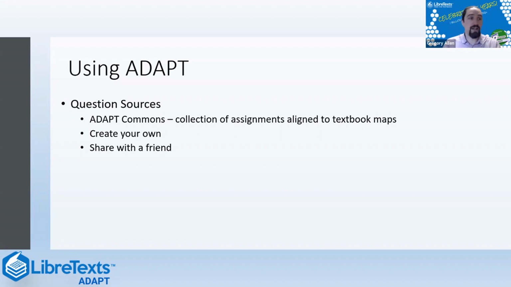And as I create questions or as other instructors create questions, the great thing about open access or open educational resources is share with a friend. As we generate things, we can share with our colleagues, we can share across colleges, universities, etc. You can share questions, you can share assignments, and so forth. So it's really got a lot of options for finding and creating questions.